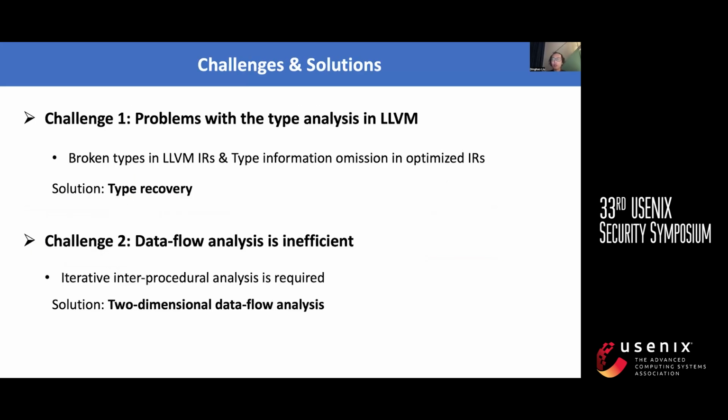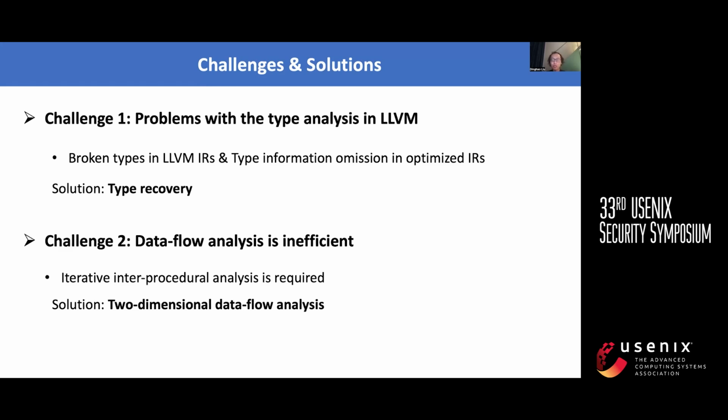The idea is simple, but when we implement this system, we need to address 2 challenges. First, when we implement the system in LLVM, we found the type representations in LLVM IR are not always consistent with the source code. Some important information is missing. We call them broken types in our study. Note that these types are not really broken.